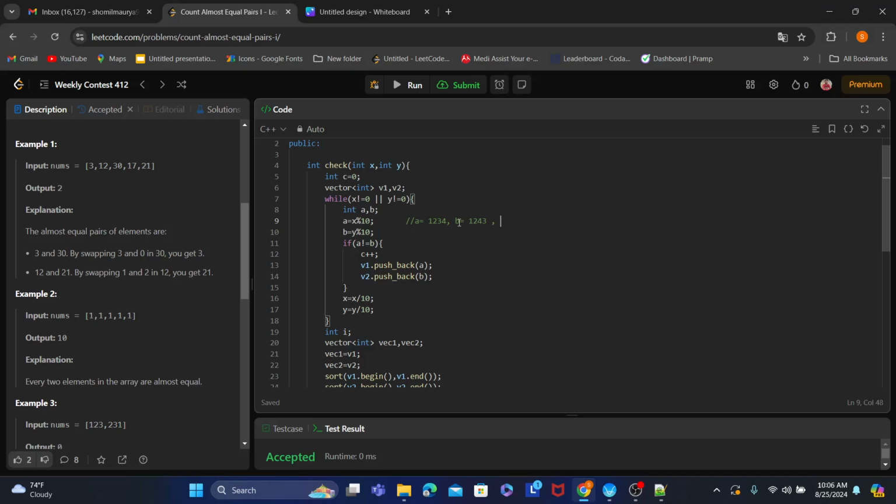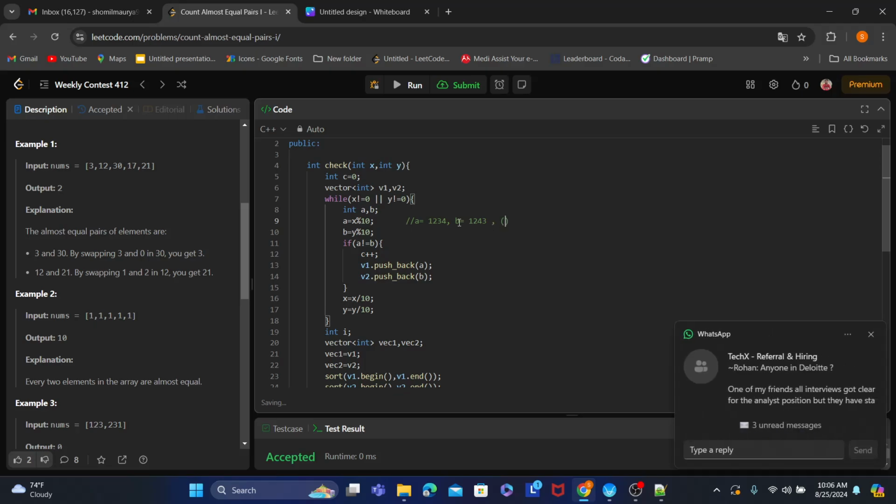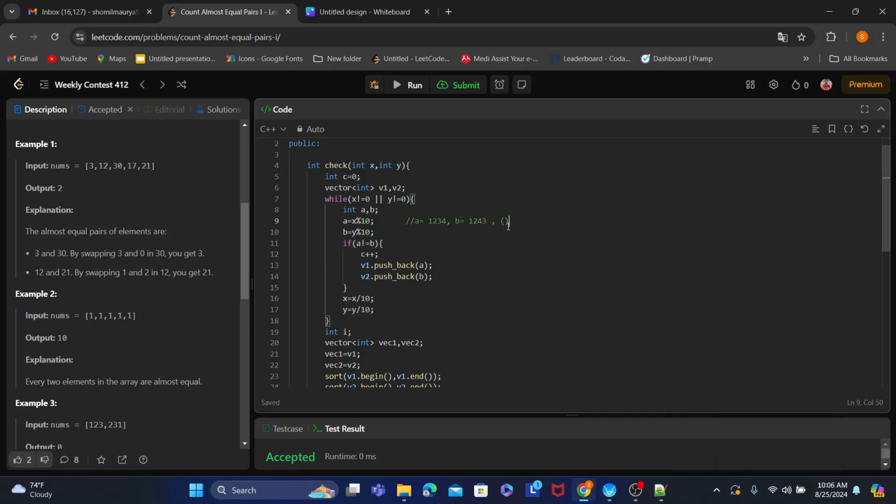At the first step, A would be 4 and B would be 3.